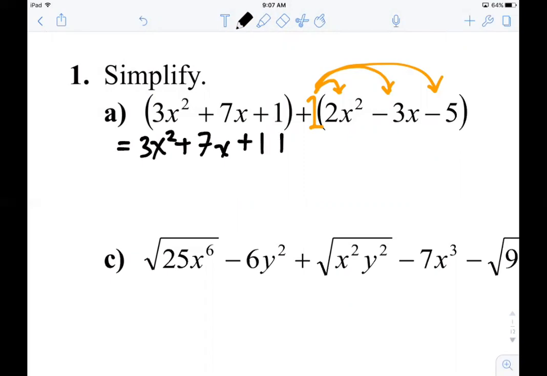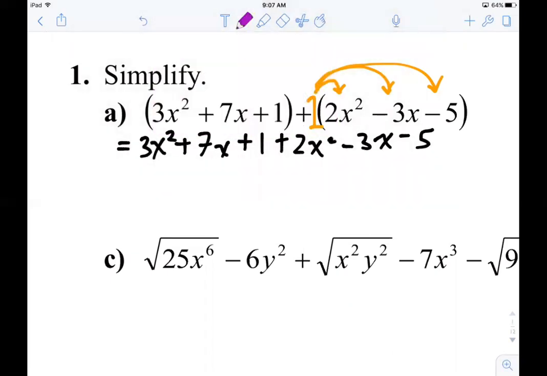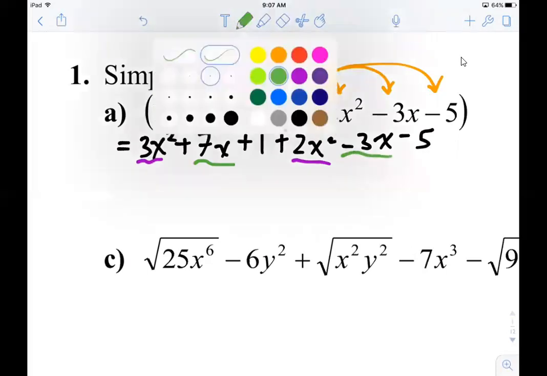And now I could just add 2x squared minus 3x minus 5. Then I start to identify any like terms that I can find. I can see here that I've got 3x squared and a positive 2x squared. I've got 7x's and negative 3x's.